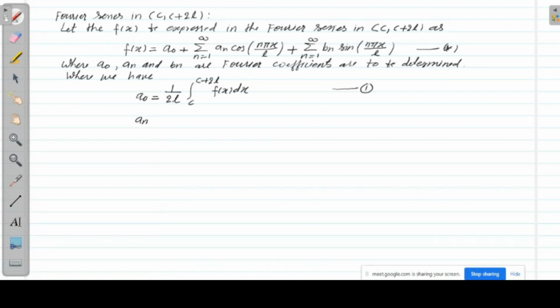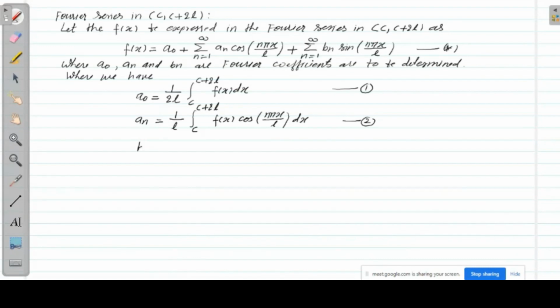Your a n is 1 upon l integration of limit c to c plus 2l f of x cos n pi x by l dx. This is equation number 2.